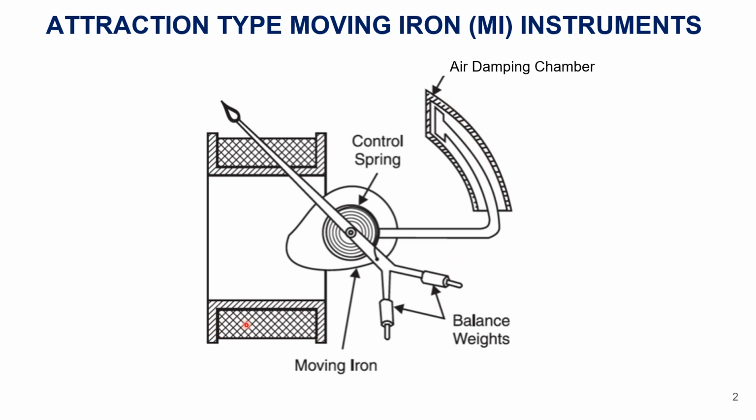This is a coil. That is how it works: a piece of unmagnetized soft iron is taken near the ends of a current carrying coil, and the iron piece gets attracted towards the coil.